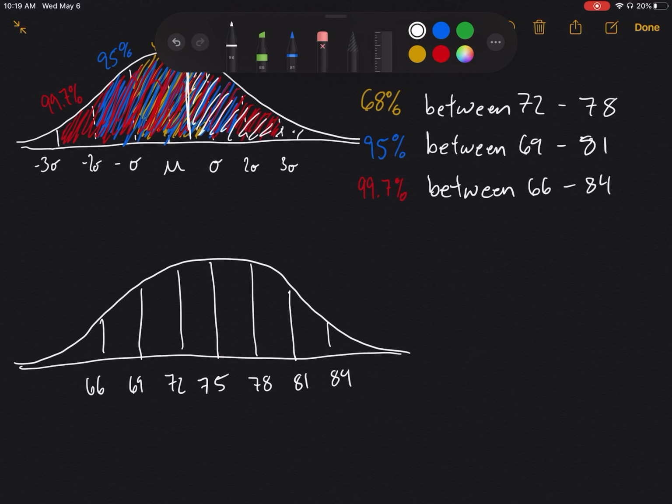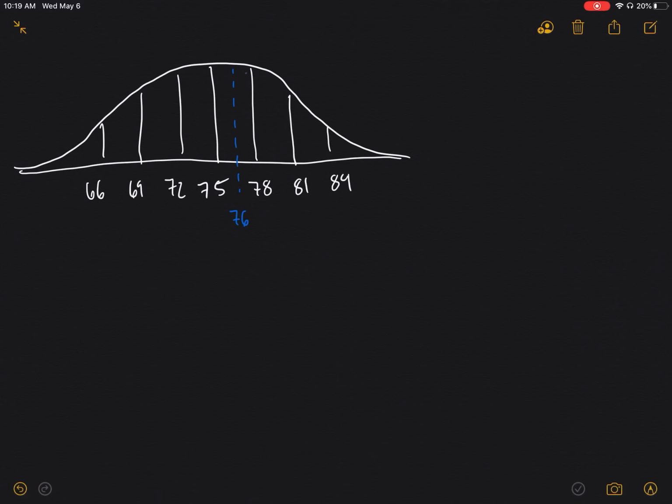Okay, so you say to me, well, Mr. Otterstetter, I need a 76% on this test, so we'll mark that in blue. You need a 76 or above, so we want to find the probability that you got a 76 or above, and so we want to find this blue area.